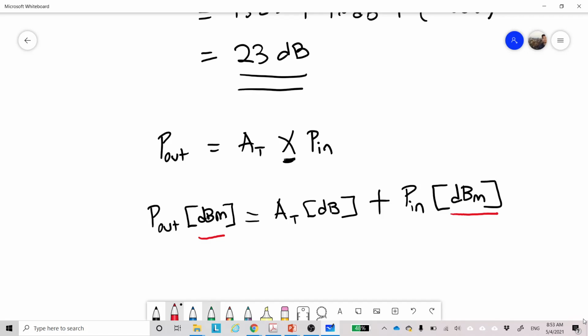If the value here is dBW, over here you must use dBW. If here is dB micro, over here also must be dB micro. They must be the same. So therefore here you can write 20.